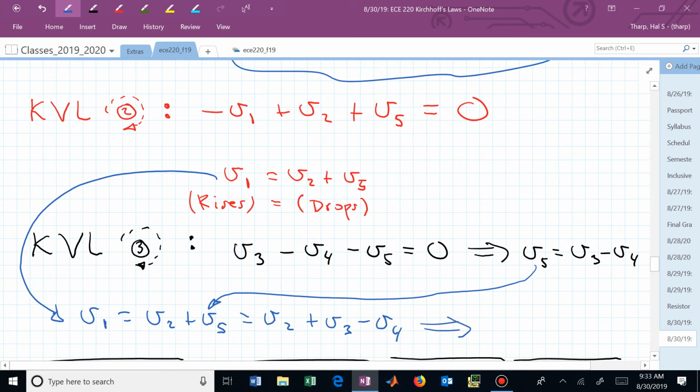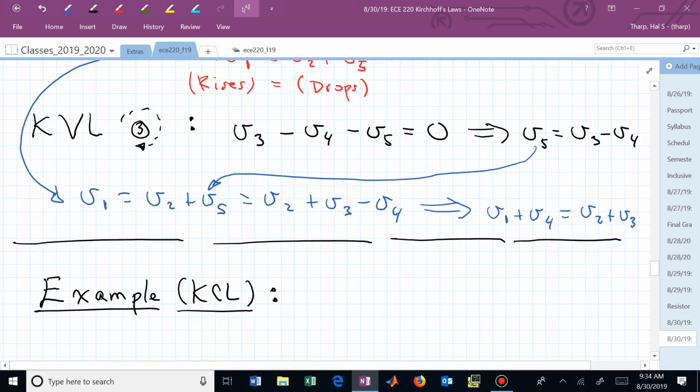Well, if we add V4 to both sides, is that consistent with one of our other KVL equations that we wrote? The first one? The drops equal the rises, or the rises equal the drops. So we do have consistency. If you're starting to chase your tail, you better be able to get your tail at the end, if you're chasing it.